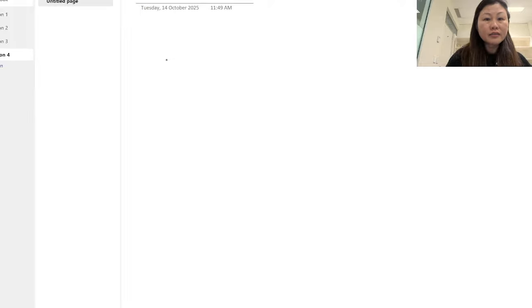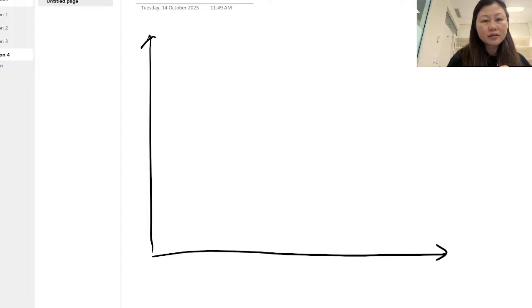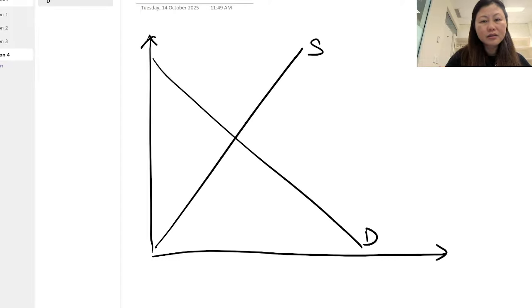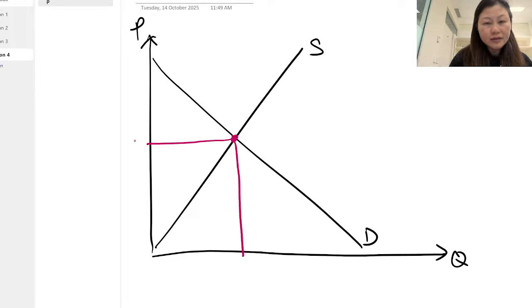So we're going to draw, and as usual, this is your price, this is your quantity. This is your equilibrium price and equilibrium quantity.